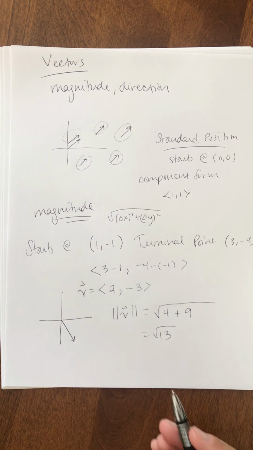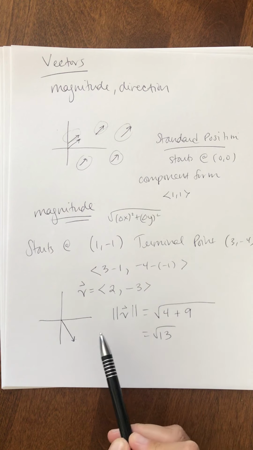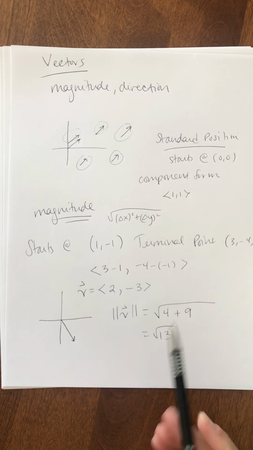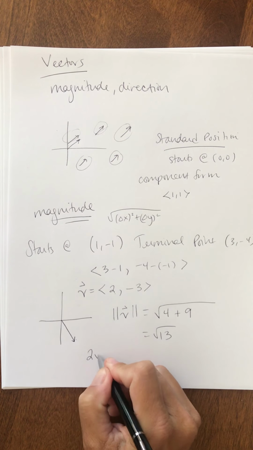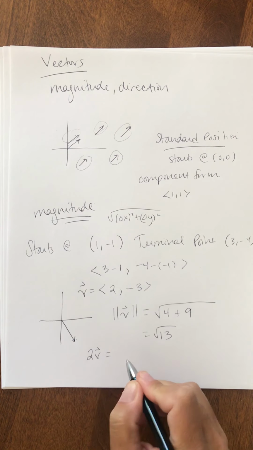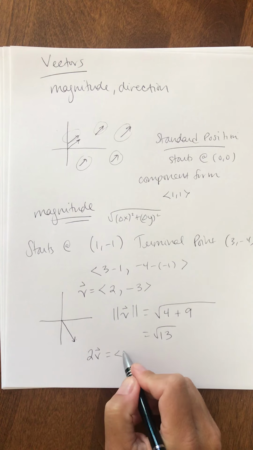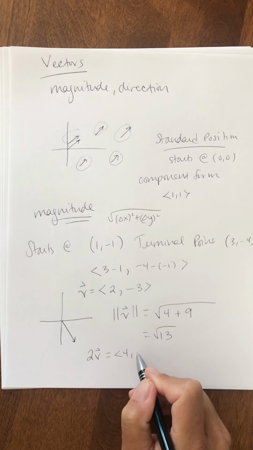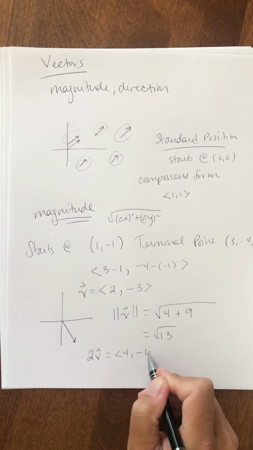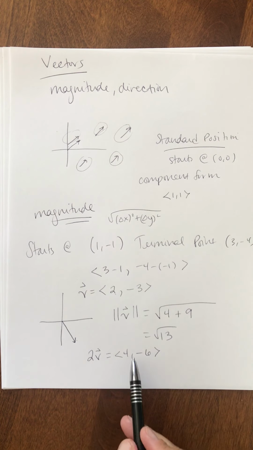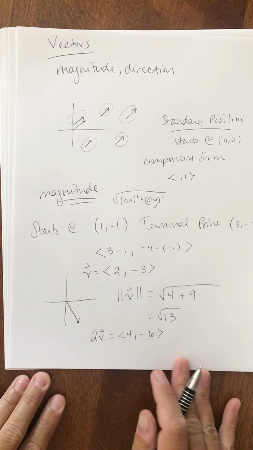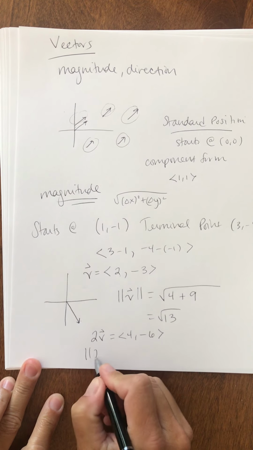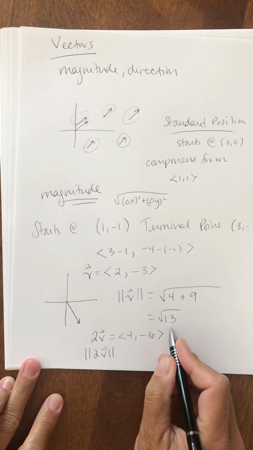All right? Also, I really want you to start to think about how scalars work on vectors. So if I wanted to look at 2v, well, this would be 2 times 2 and 2 times negative 3. I can take the 2 out of here, but I can't get rid of it because what do you notice about this? When I change the vector, I'm going to change the magnitude.